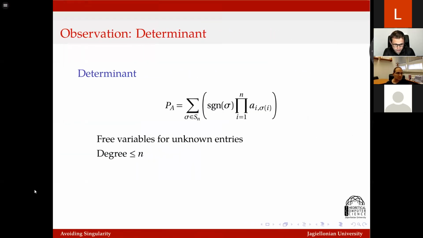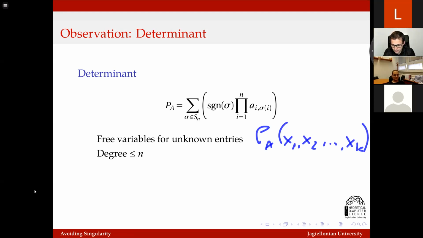And this polynomial has some nice features. The first one is, well, the resulting polynomial is a polynomial in some variables, and each of these variables corresponds to one of the three entries in the matrix.